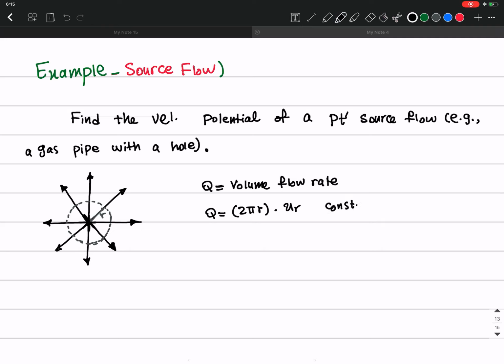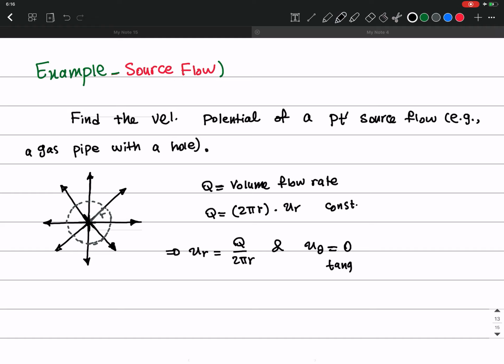Because this is constant, the radial velocity in this type of flow, a point source flow, is going to be Q over 2 pi R. And we can assume this is a symmetric flow, so u theta, the tangential velocity, is just 0.